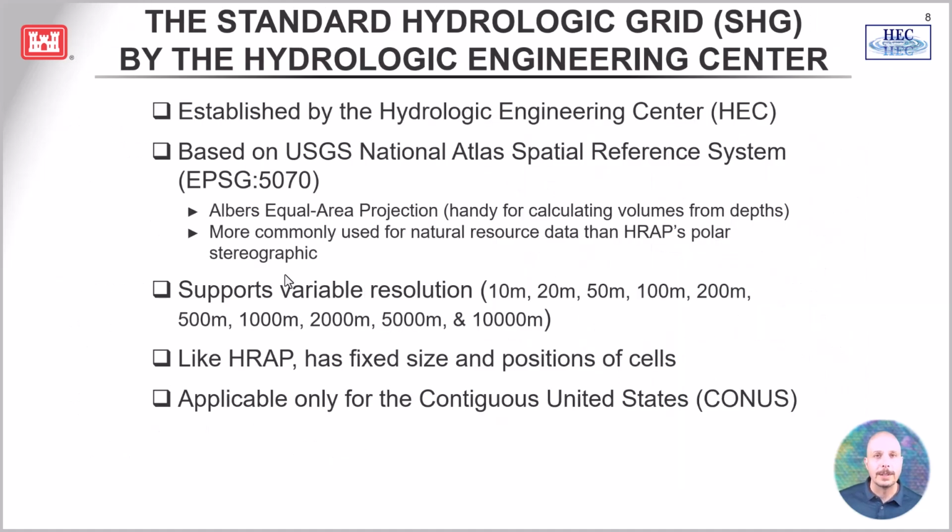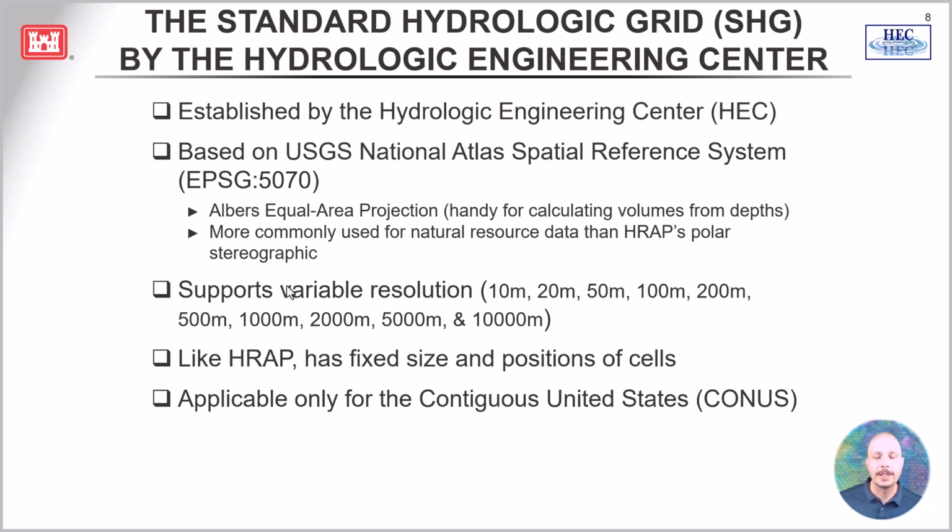There's also the Standard Hydrologic Grid, SHG. This was established by HEC in 1996. SHG is based on the Albers Equal Area Coordinate System because it preserves area more accurately than HRAP, especially over large mid-latitude areas like the contiguous United States. And that's particularly important for precipitation volume estimates.